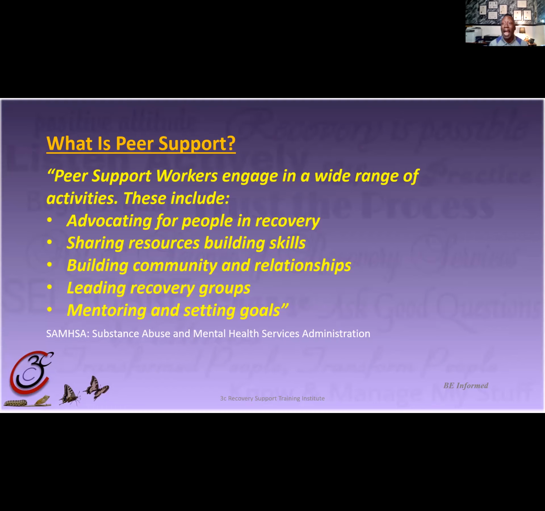So how do we help them with setting those goals and reaching their goals and putting some strategies into place? So it's more than just talking to individuals about what we experience in our own recovery, but helping them chart a plan for themselves and holding them accountable to that.